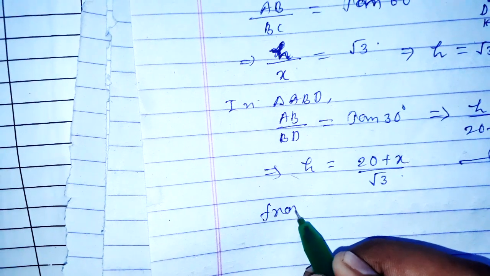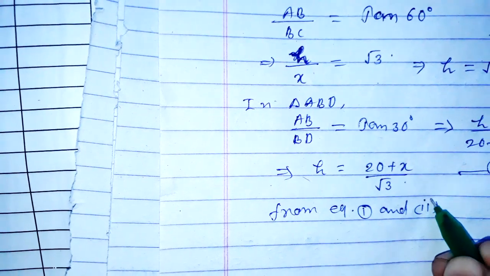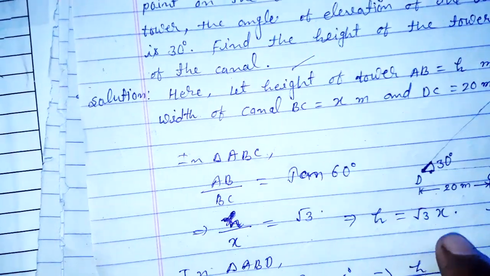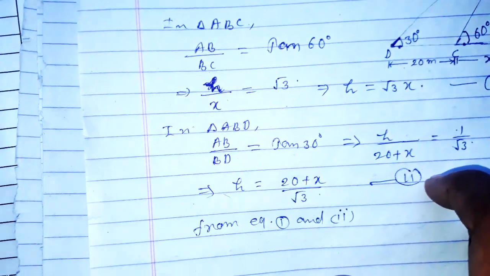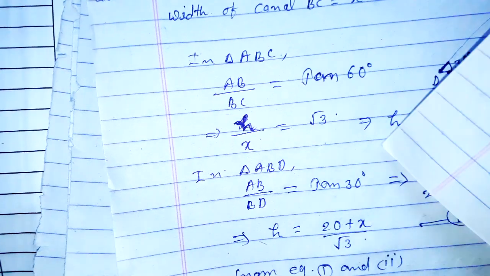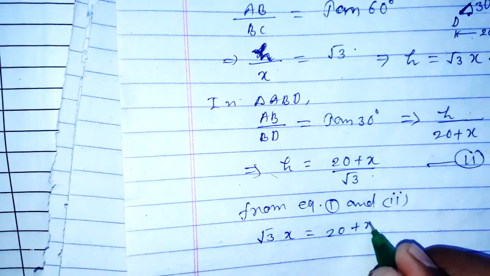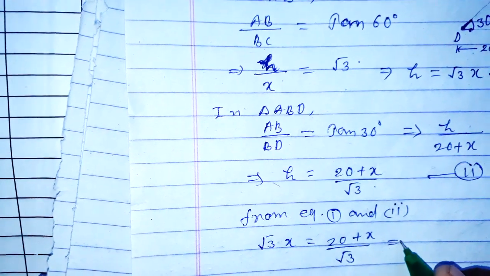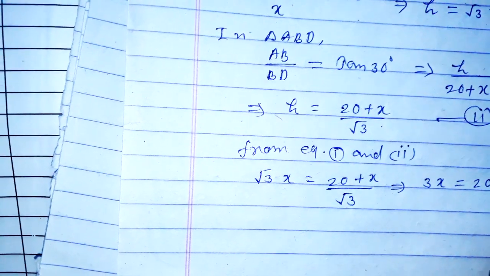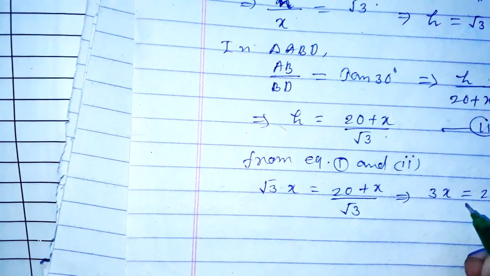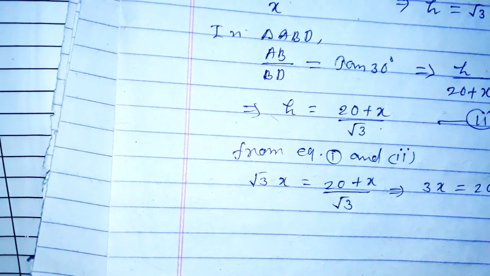From the first and second equations, the LHS are equal, so the RHS are also equal. So root 3 x is equal to 20 plus x upon root 3. Cross multiplying, 3x is equal to 20 plus x. Transferring x, 2x is equal to 20.